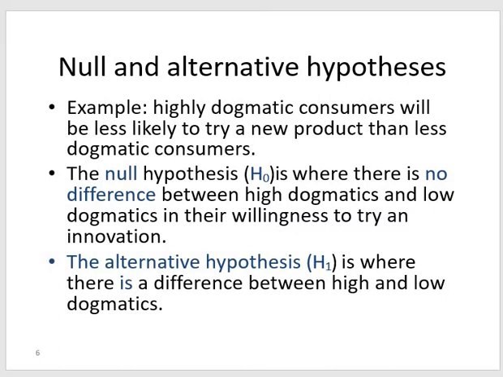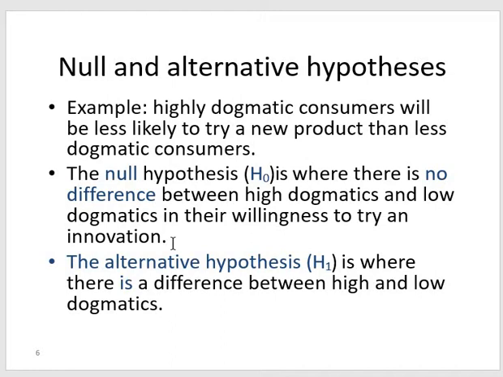So when this is an example, what is my null hypothesis? The null hypothesis H0 is where there is no difference between high dogmatic and low dogmatic in their willingness to try an innovation. This was my null hypothesis, where I am saying that whether the customer may be a highly dogmatic customer or a low dogmatic customer, still there is no difference in their willingness to try a new product.